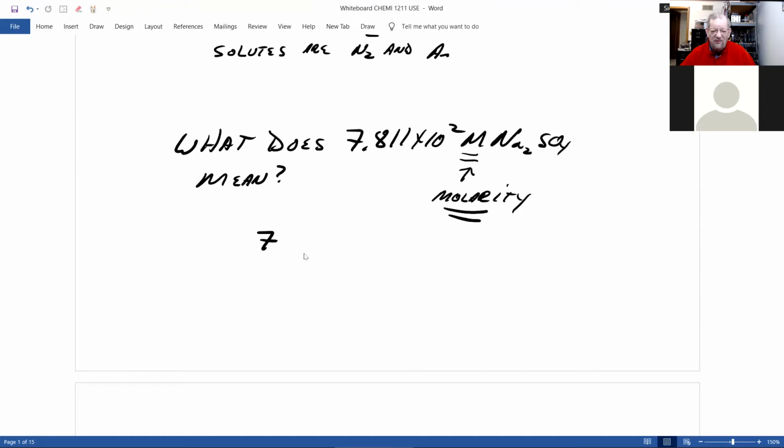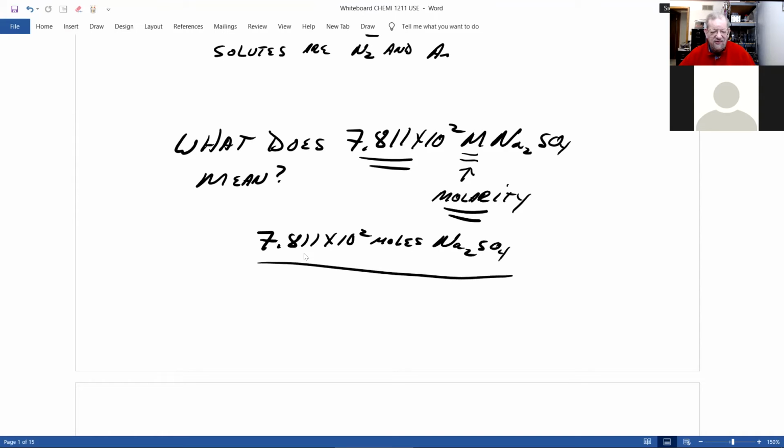Well, how many moles? This number tells you. Then I'll have moles, and then I'll have the chemical formula, and this is per 1,000 milliliters. So that's what that means. Now let's move on.